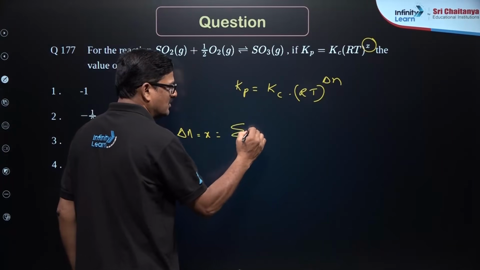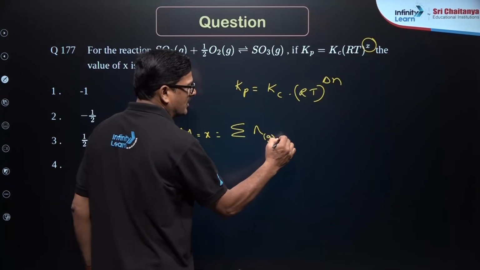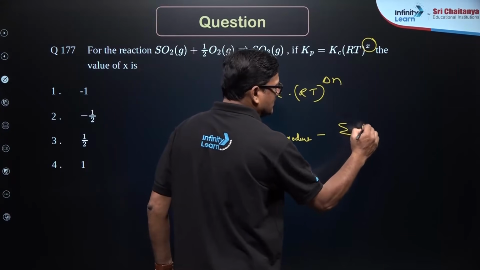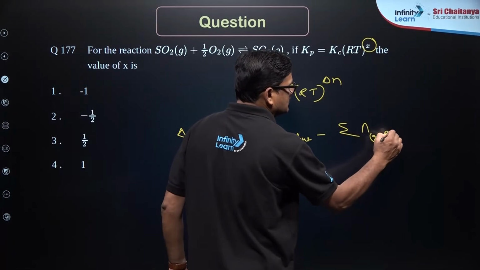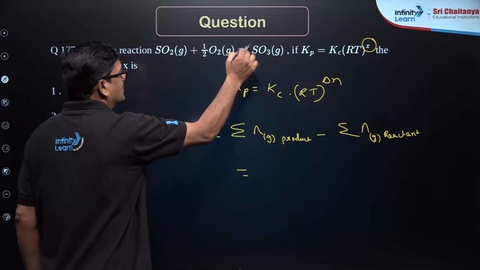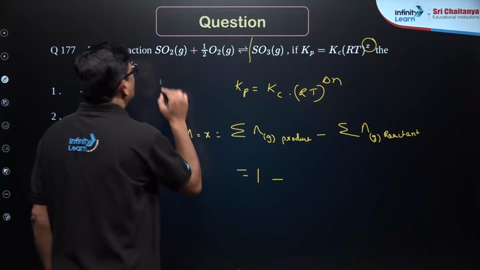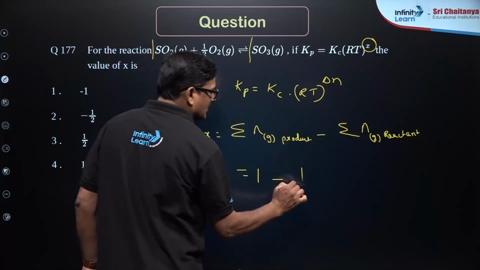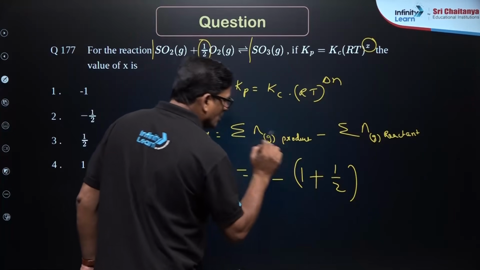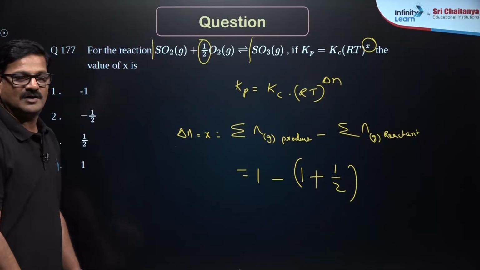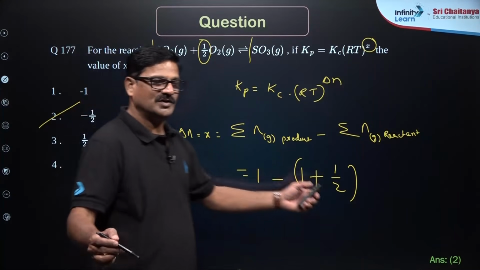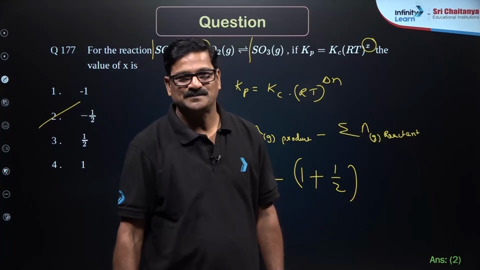It is the sum of the number of moles of gaseous products minus the sum of the number of moles of gaseous reactants. Products, I got 1 here, minus reactants, 1 here plus a half here. So 1 minus 1.5. So -1/2 is the answer for this question.